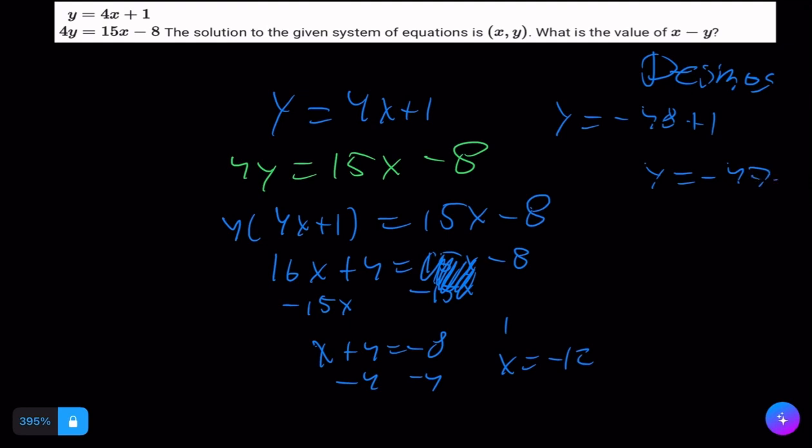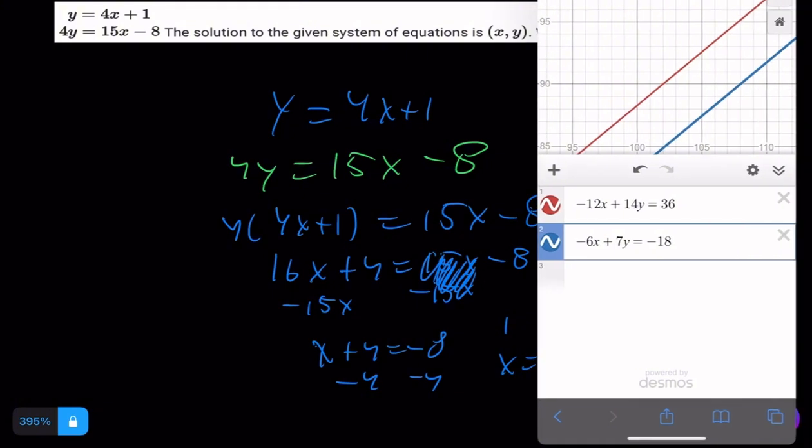And to look for my value of x minus y, I do negative 12 minus negative 47, and that will give me my answer. Anytime you subtract a negative, it's going to equal positive. So I'm going to get negative 12 plus 47, which equals 35. But let's plug it into Desmos to make sure those numbers do indeed correspond.